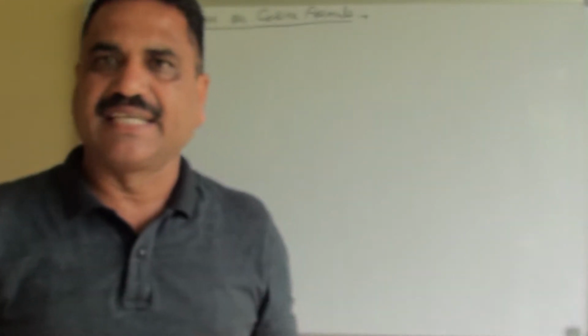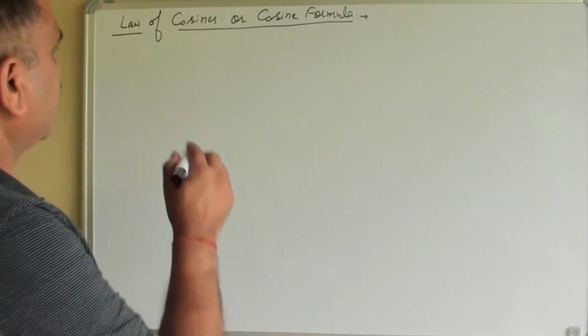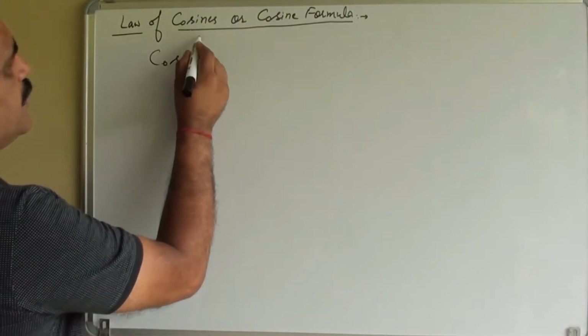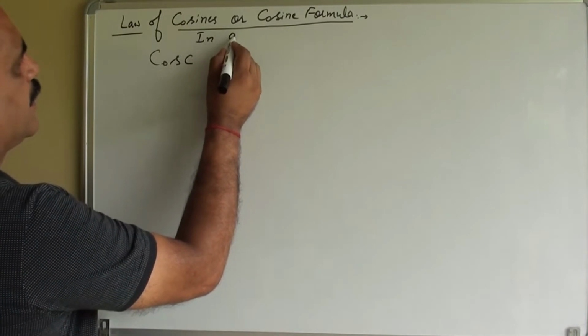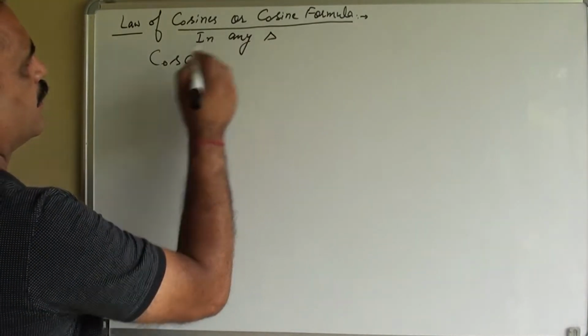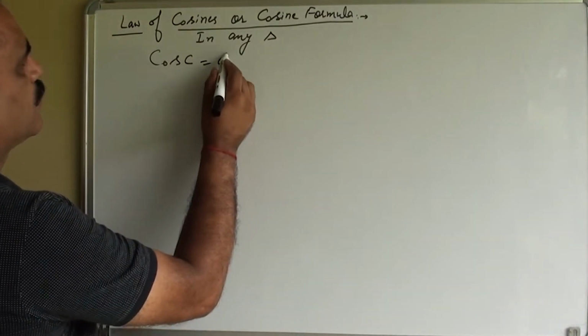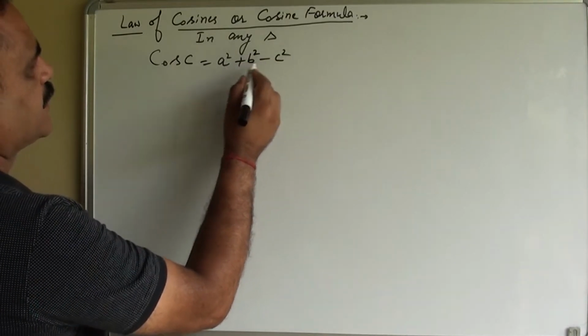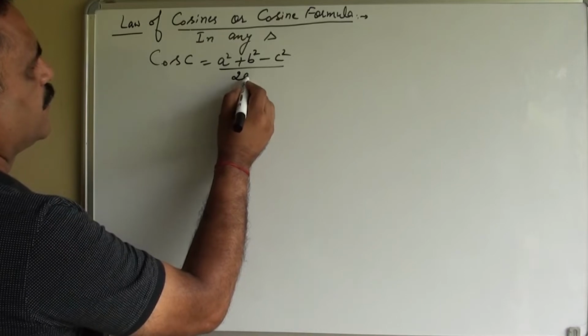What is cosine formula? It states that in any triangle, cos of C is equal to A square plus B square minus C square by 2AB.